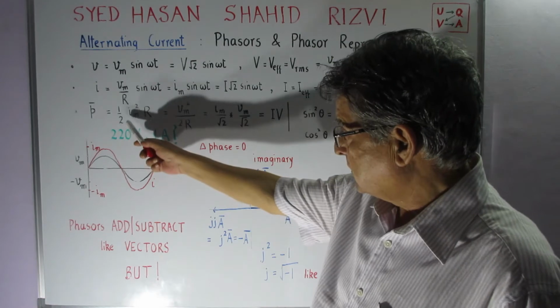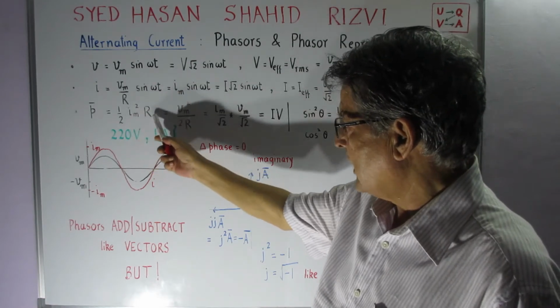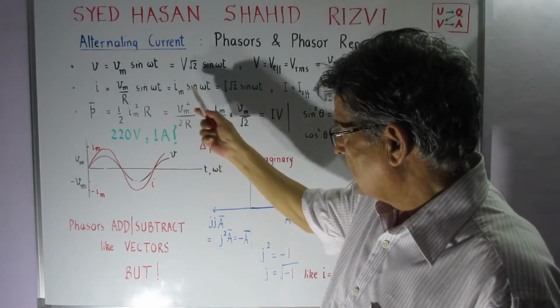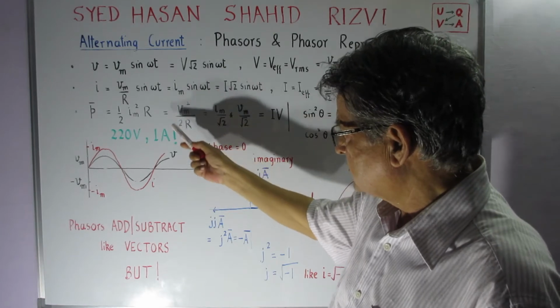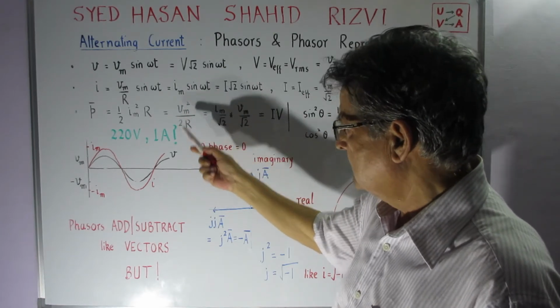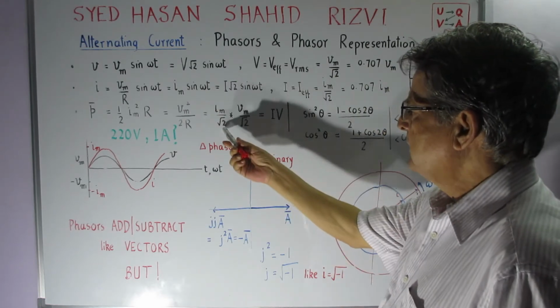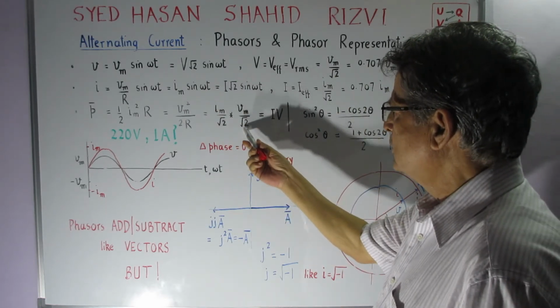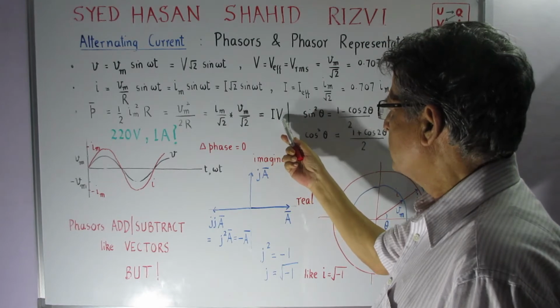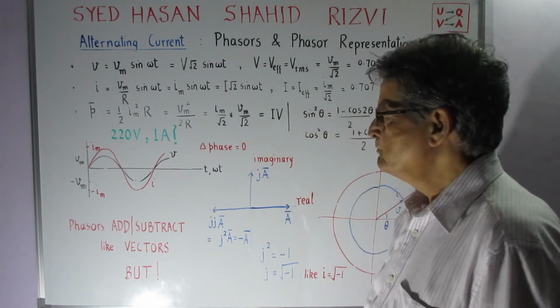This turned out to be equal to half Im square R, could also have been written as Vm square upon 2R, and Im by root 2 into Vm by root 2, which is I into capital V, okay.